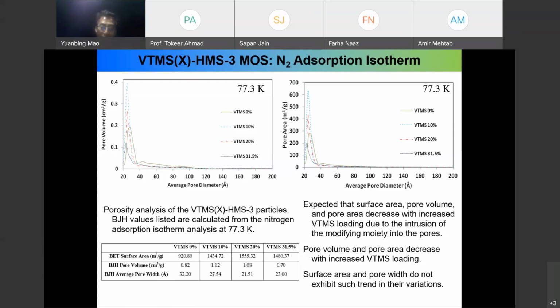So that's why. There's an optimum amount of VTMS we can add into the synthesis. And then here shows the pore volume and the pore width as well. You can see the samples in between have very nice numbers, compared with the other samples. So that's the other thing from here.